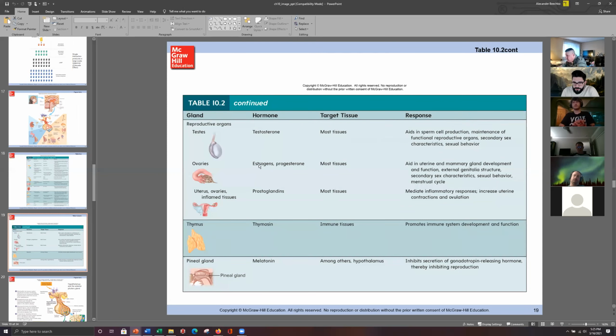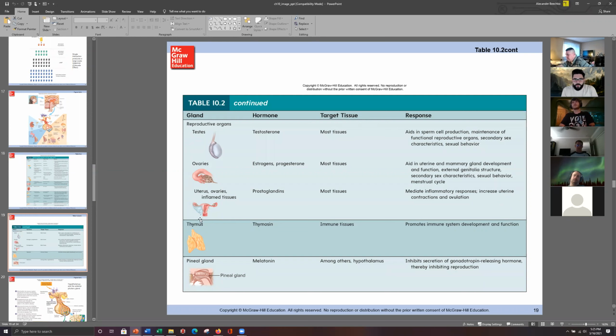The ovaries will produce things like estrogen and progesterone, which will affect most tissues in the female body, aid in uterine and mammary gland development and function, external genital structure, secondary sex characteristics, sexual behavior, and regulation of the menstrual cycle. We have the uterus, the ovaries, and other inflamed tissues that can produce hormones like prostaglandins, which will mediate inflammatory responses and increase uterine contractions and ovulation.